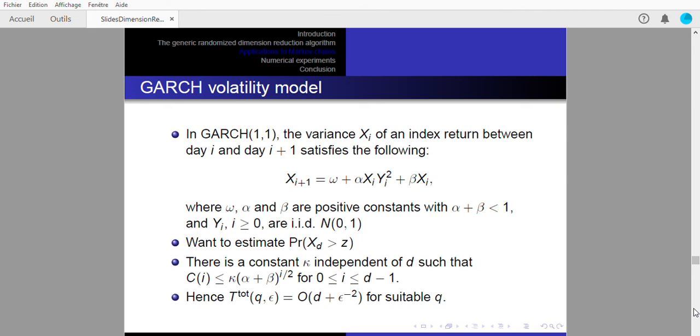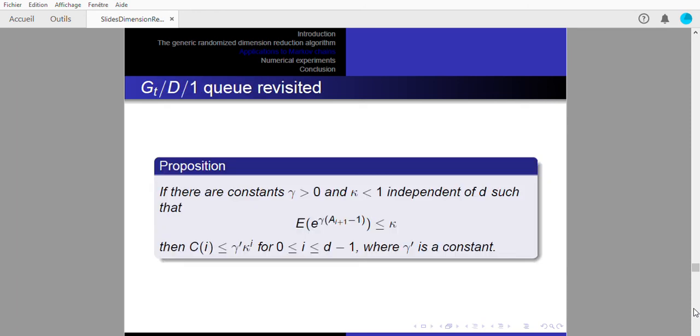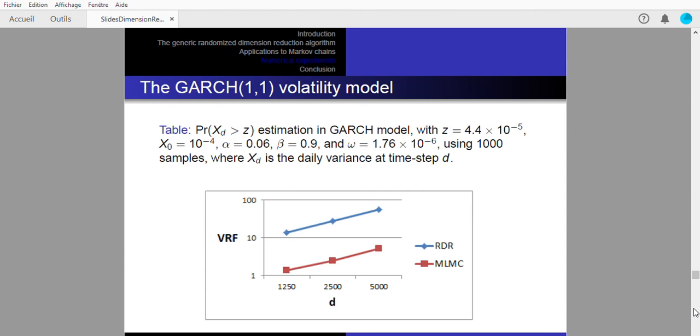So if you want to calculate the probability that the variance exceeds some threshold at time step d, the running time to achieve precision epsilon is big O of d plus epsilon to the power minus 2. Also in several queues, we can show that under certain conditions the Ci's are exponentially decreasing with i, and so the time to achieve precision epsilon is big O of d plus epsilon to the power minus 2.